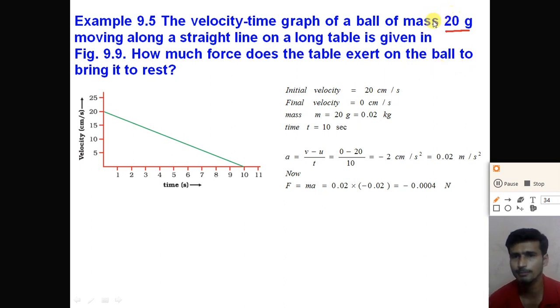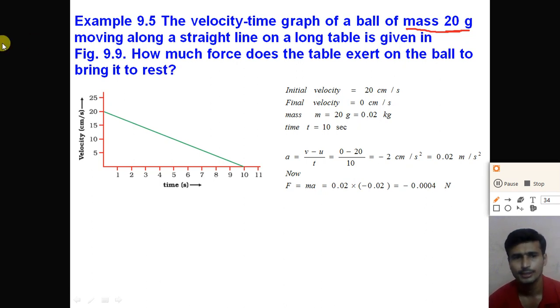The velocity time graph of a ball of mass 20 gram moving along a straight line on a long table is given in the figure. How much force does the table exert on the ball to bring it to rest? What amount of force is required to bring it to rest?